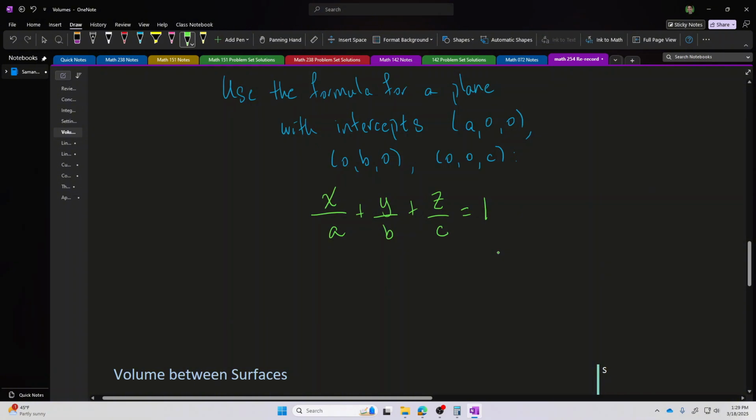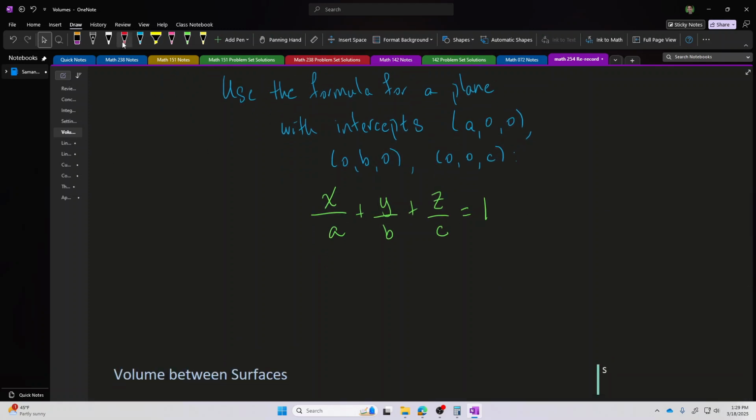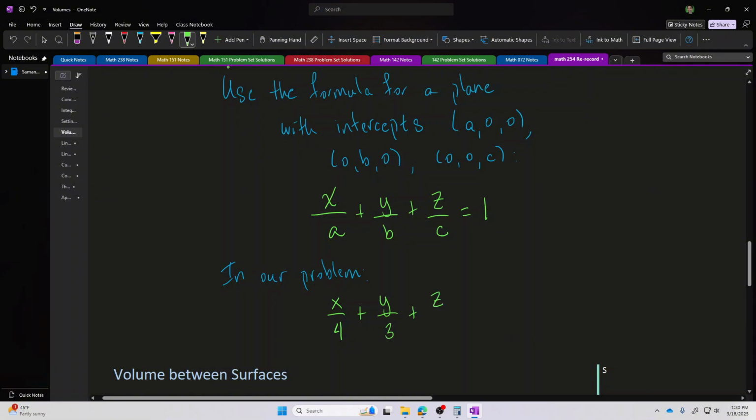It's a special formula to find the equation of a plane when you know its three intercepts. So in our problem, we were told that the x-intercept was specifically 4, the y-intercept was specifically 3, and the z-intercept was specifically 2.